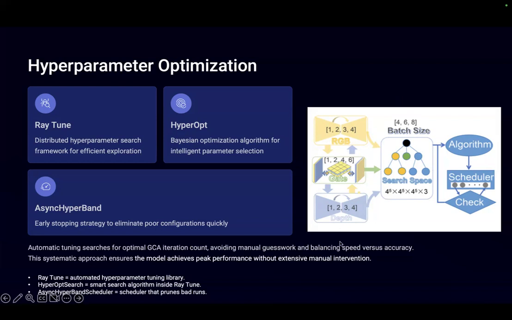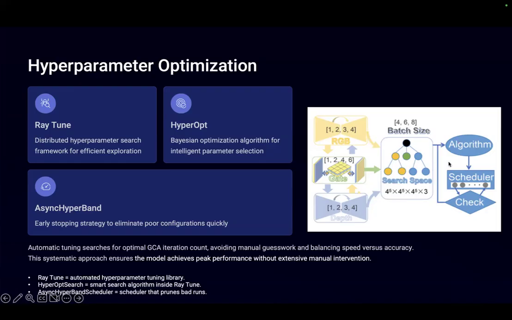So RGB and the depth are interacting with each other with the gate, and the possibilities are shown with the help of that tree, like 4 to the power 5, 4 to the power 5, 3 times. Here 4 comes from the four values of RGB, 1, 2, 3, 4, and 5 are the values they have taken, and 3 is the batch size, three numbers are there.